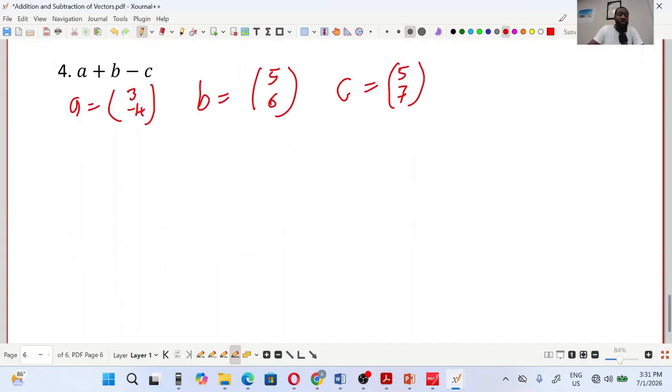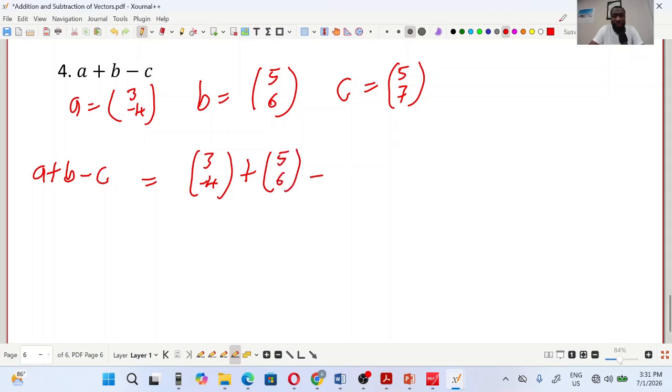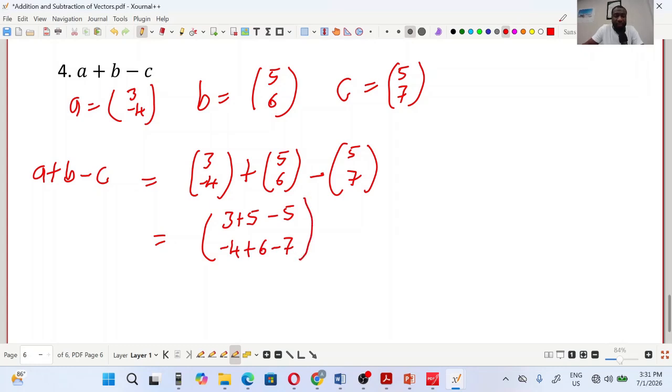And we are supposed to add and subtract. So my A plus B minus C is going to be equal to (3, -4) plus (5, 6) minus (5, 7), right? So I'm just going to represent the top as 3 plus 5 minus 5, and the bottom as negative 4 plus 6 minus 7, right?